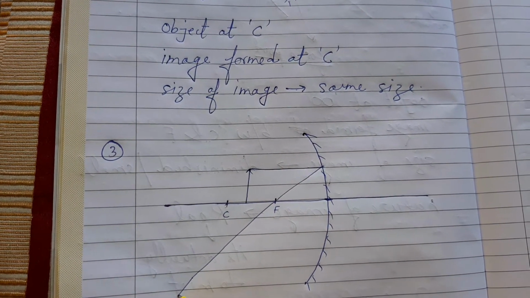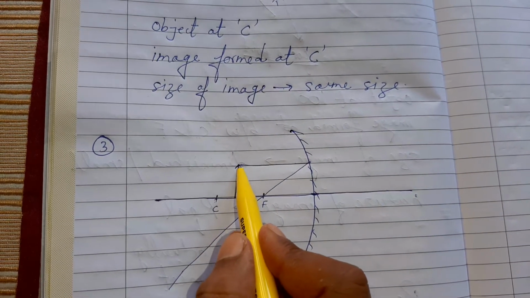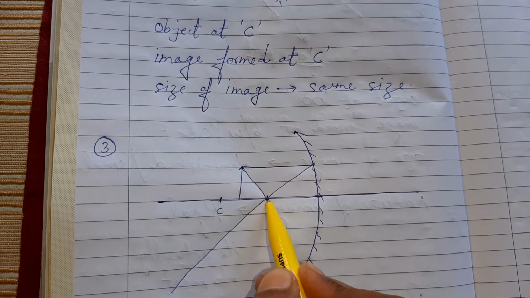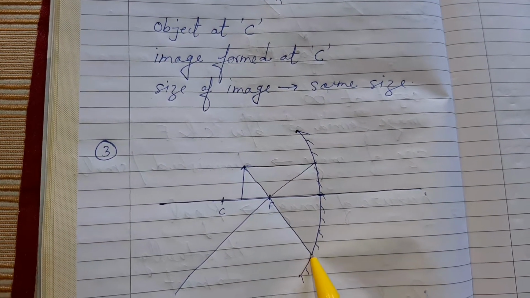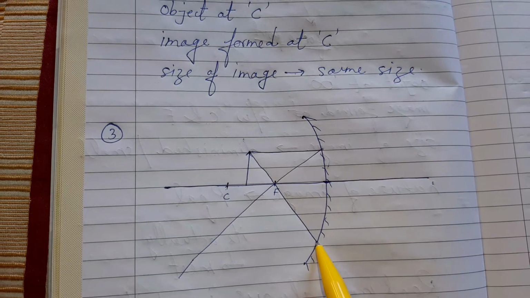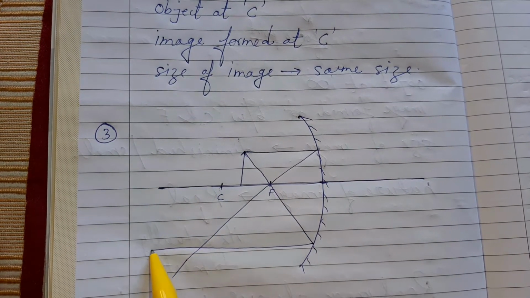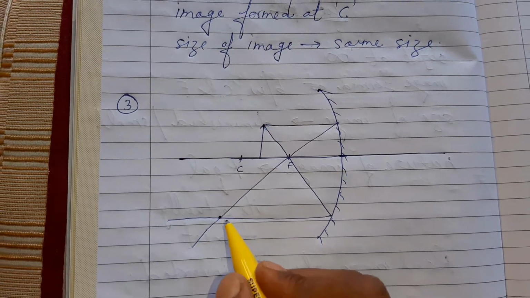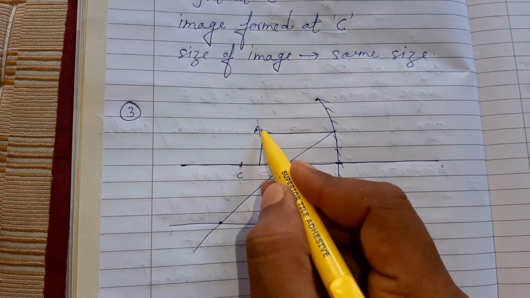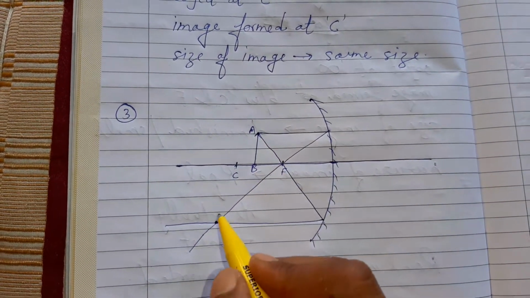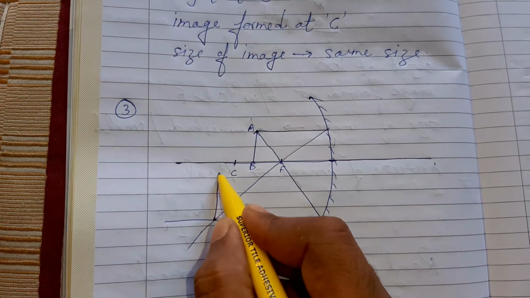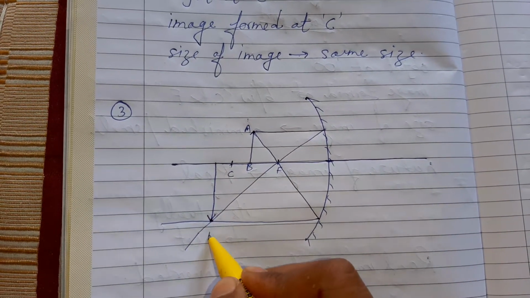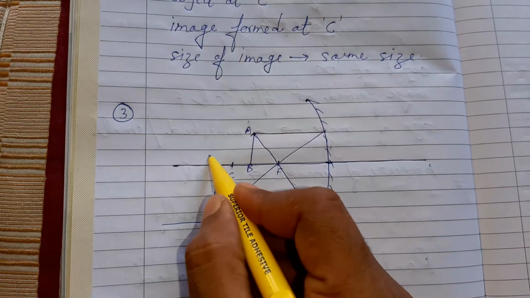Another ray of light falling from here, after reflection goes here. They actually meet at this point. This is A and B, the object, and the image is here, A dash and B dash.